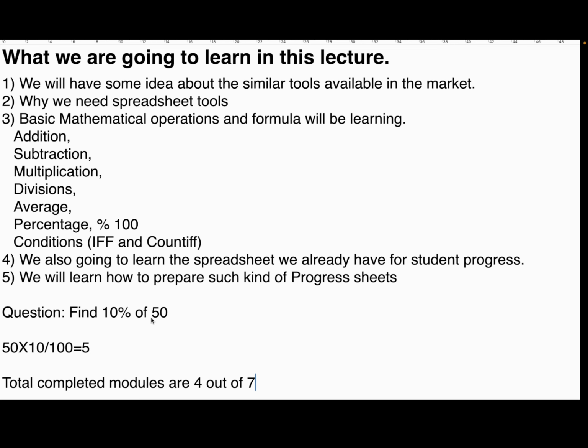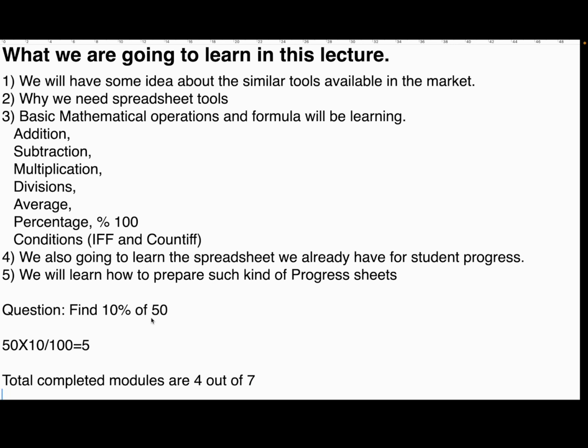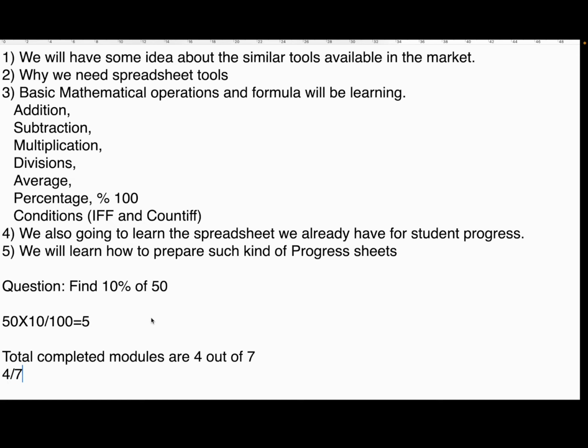So mathematically we can write it as 4 out of 7. And if we want to find out the percentage, then we have to multiply it by 100.